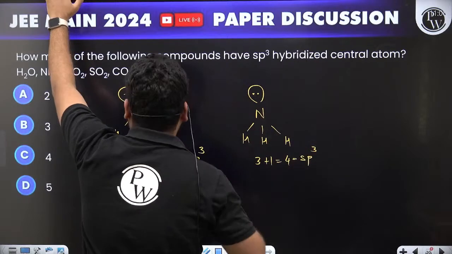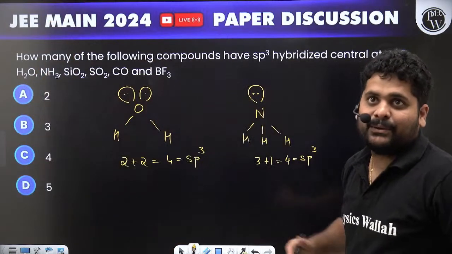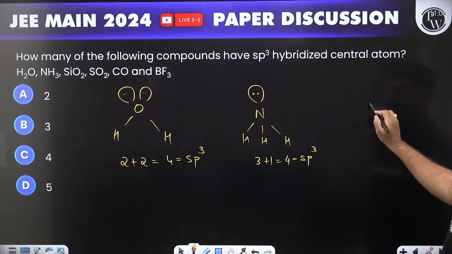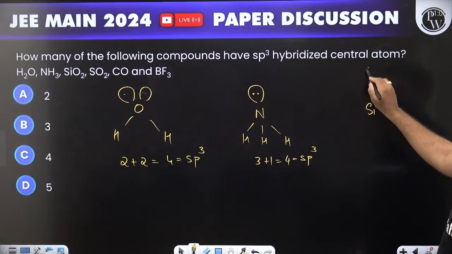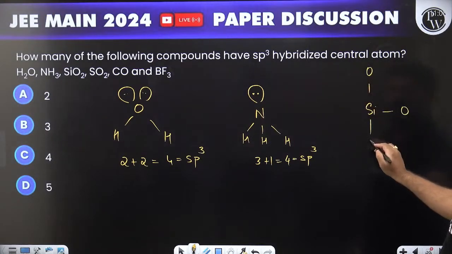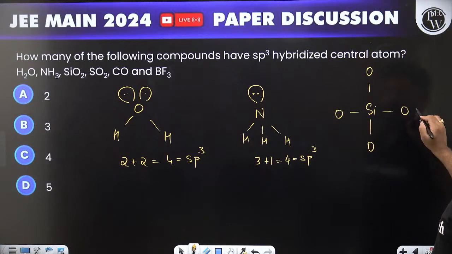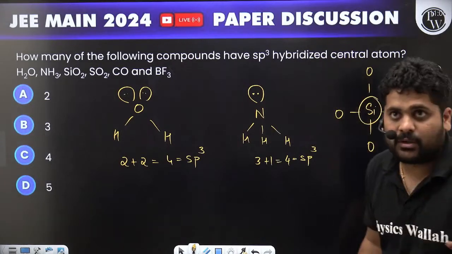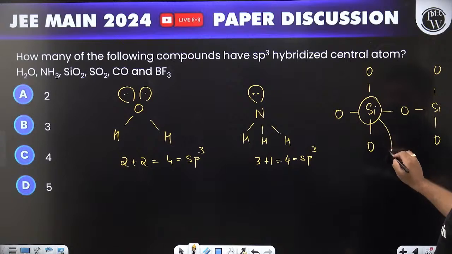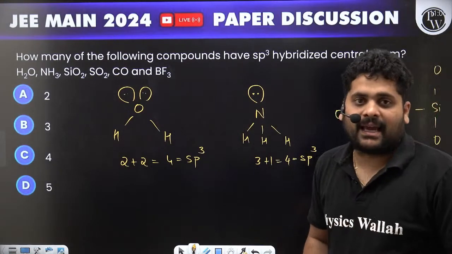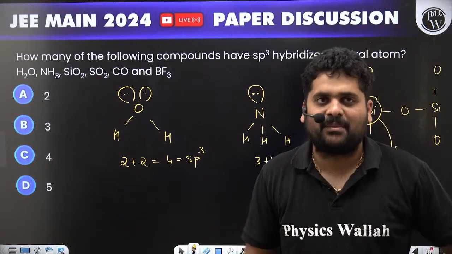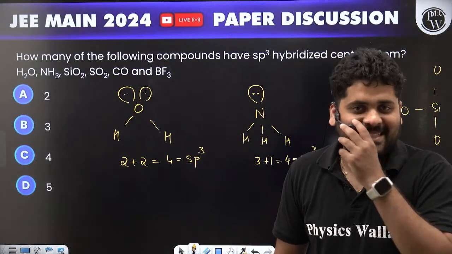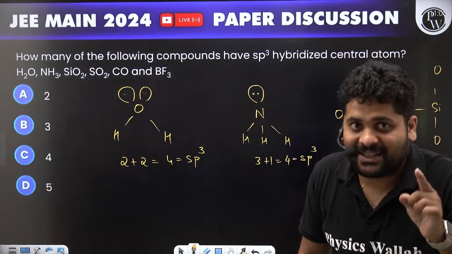Hybridization is sp3 again. Then we have SiO2. Silicon is covalently linked with single bonds in a covalent network, so you can find one silicon having 4 bonds. Here also the hybridization of silicon is sp3. Don't think of it as Si double bond O, so hybridization should be sp. No, that is wrong. Please refer to the NCERT textbook again.